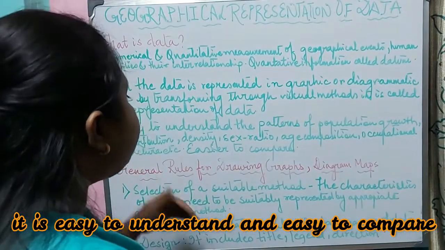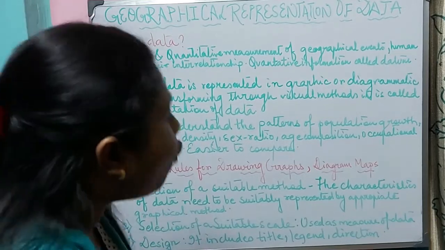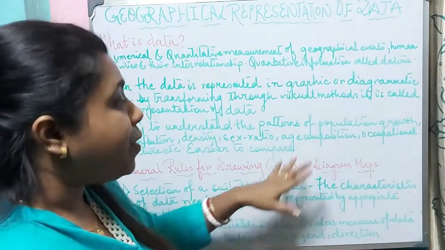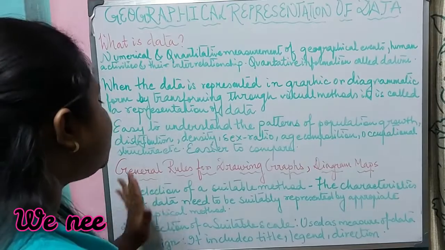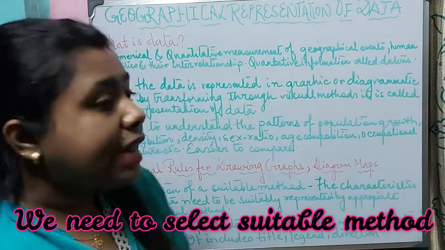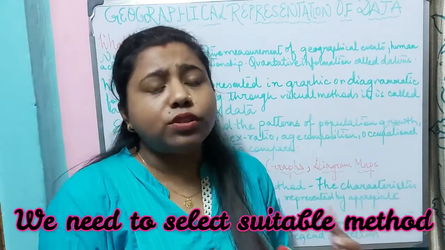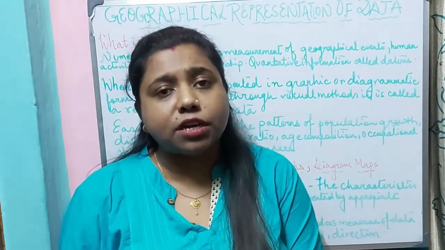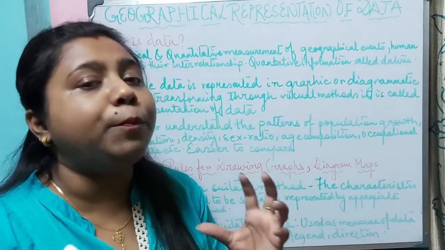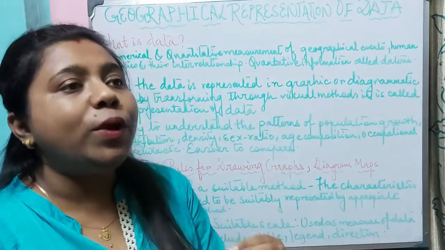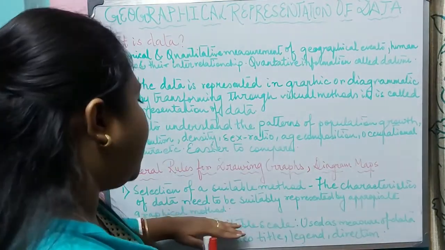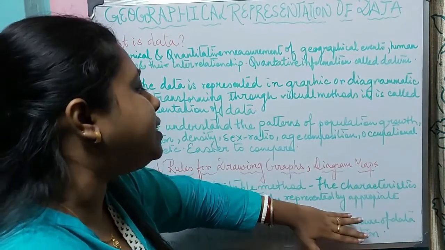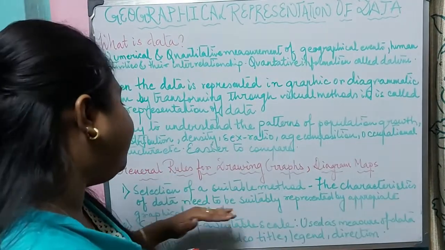Now there are some basic rules that we need to follow while drawing the graph, diagram and the maps. What are the basic rules? Let us see. First, we need to select a suitable method. Now there can be different themes, like temperature, rainfall, productivity or electricity consumption. We need to select a proper method by which we represent the data, because the characteristic of data needs to be suitably represented by an appropriate graphical method.